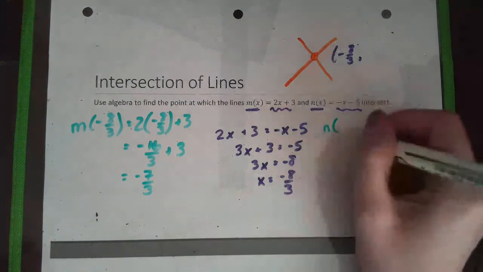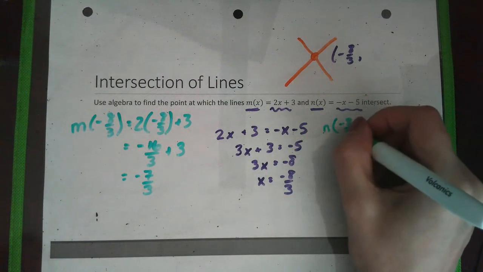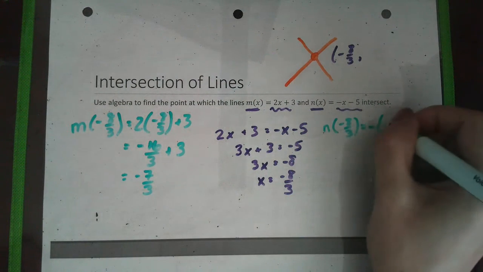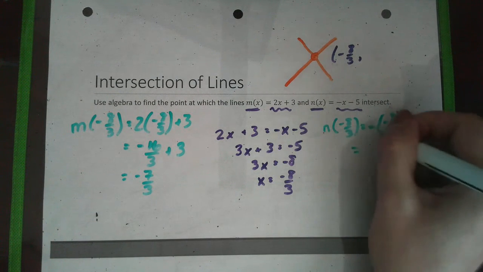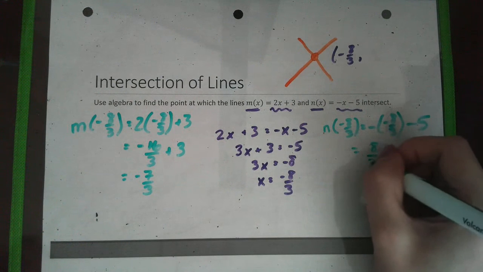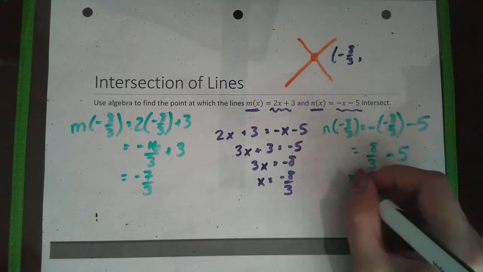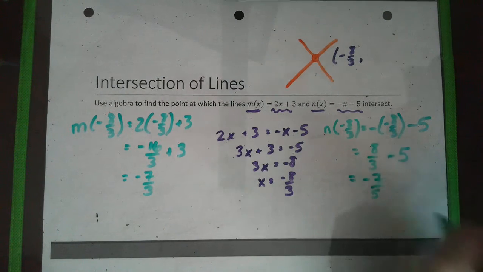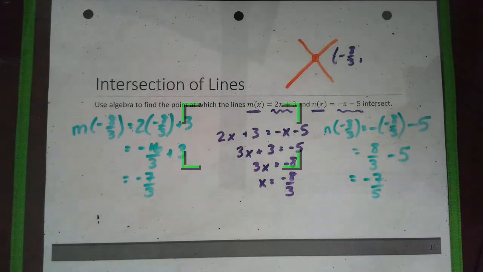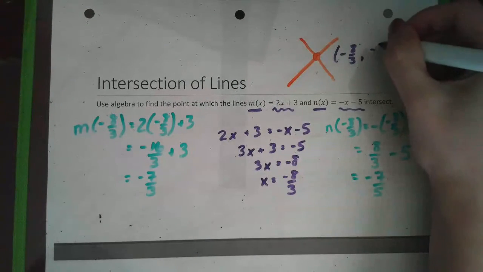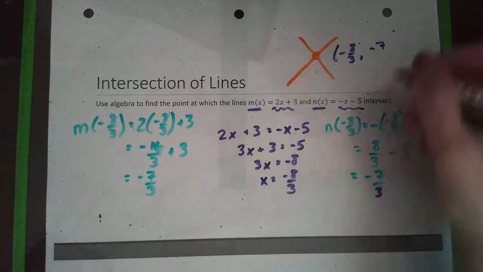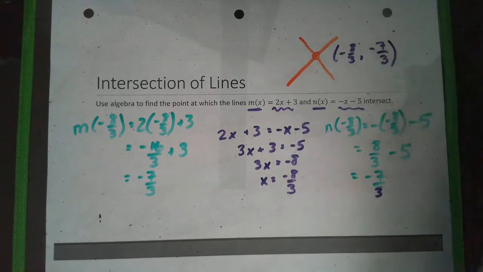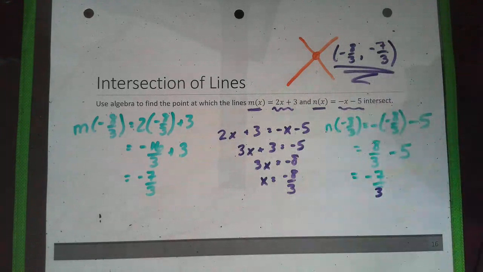N of, I want to evaluate at -8/3, is equal to -(-8/3) minus 5. The double negatives cancel out, so I'm looking at 8/3 minus 5, and that is indeed equal to -7/3. So when x is equal to negative 8/3, the y value is negative 7, and I wrote 5. That should be a 3. Negative 7/3. The y value is negative 7/3. This is the point where the two intersect.